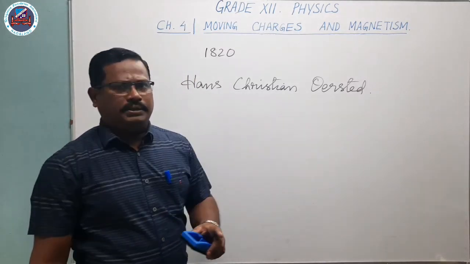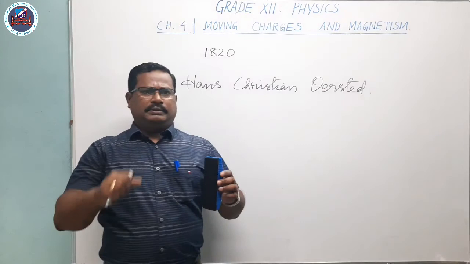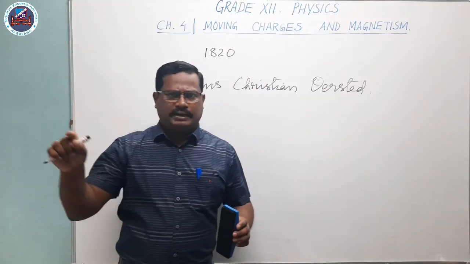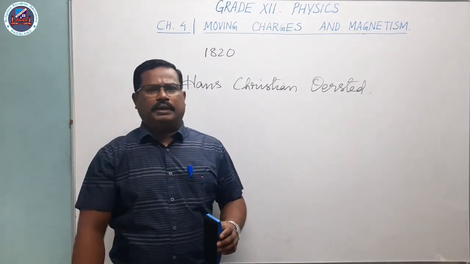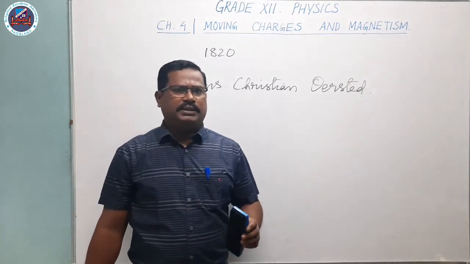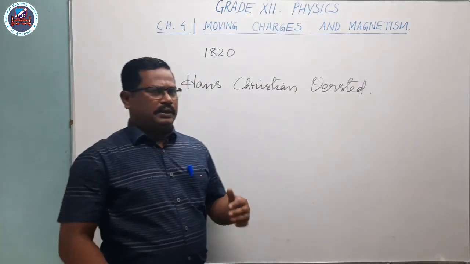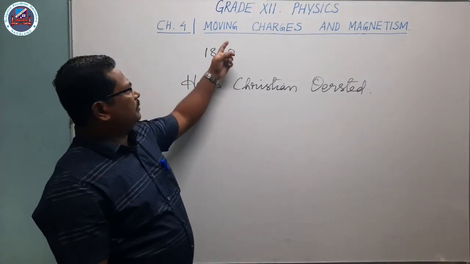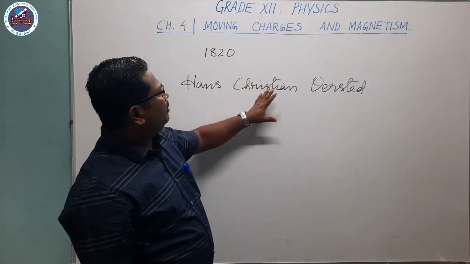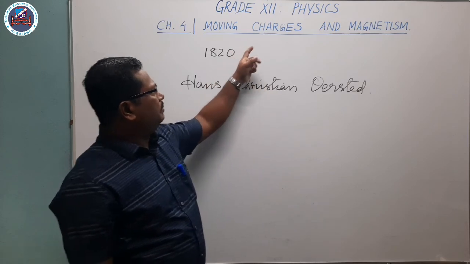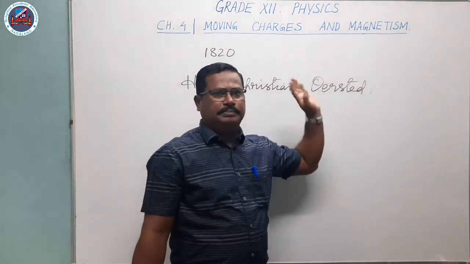In his experiment, he proved that whenever current is flowing through any wire or conductor, it develops a magnetic field. That led to the discovery of electromagnets, and from there on the study started between electric current and magnetism.